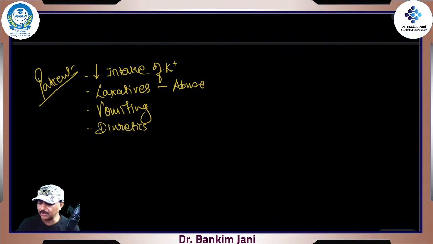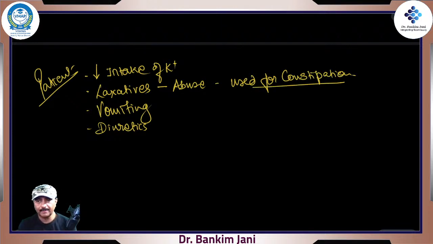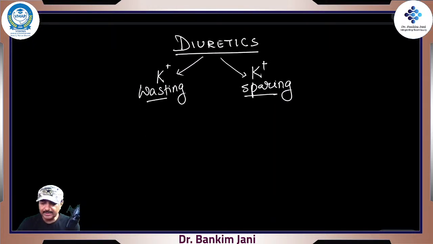Say, for example, people take isabgol, etc. But when someone is taking Dulcolax, it is one of the laxatives. It allows the passage of stool easily. Okay. So here, coming back to potassium wasting and potassium sparing.